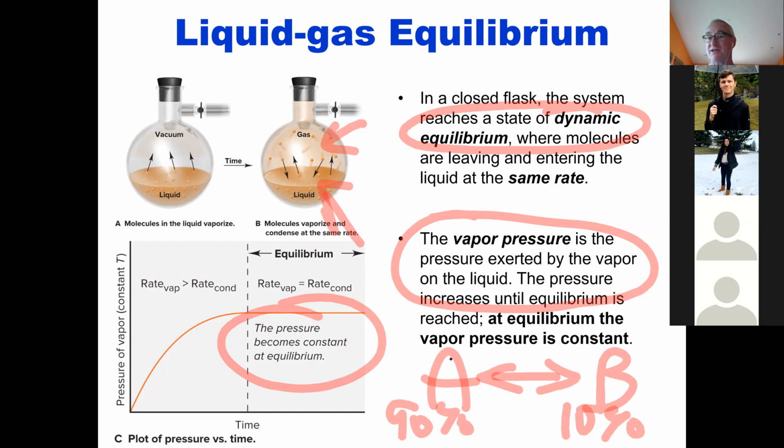That pressure would be the partial pressure of that liquid at whatever temperature. So pressure would be different depending on what the temperature is. The higher the temperature, the higher that equilibrium pressure is going to be, until you get to the boiling point. Then the equilibrium is going to be all towards the gas, and your vapor pressure is going to be equal to the atmospheric pressure, whatever it is.